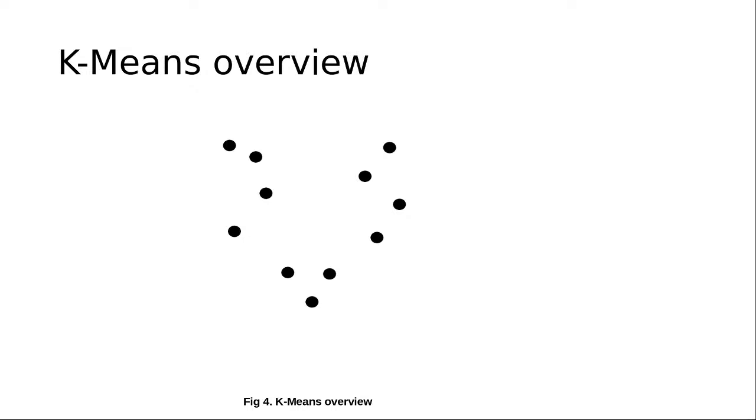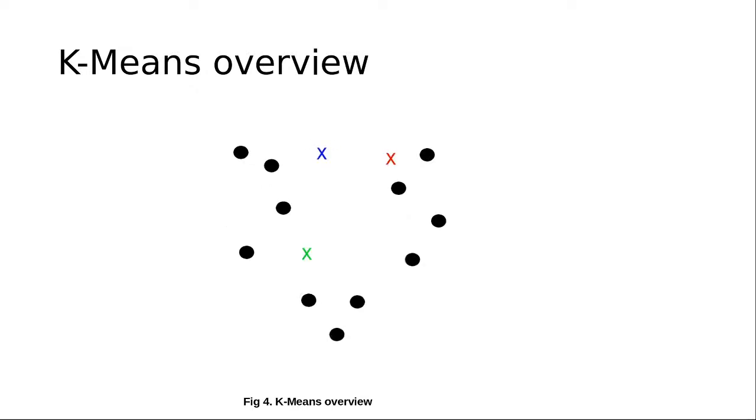Hopefully this makes sense. So coming back to here, we have a collection of data points, and we want to group them into 3 groups, so the value of k would be 3. First of all, we have no idea how to go about grouping it. So the first thing that we are going to do is put the center points randomly. There will be three groups: one in red, one in blue, and one in green.